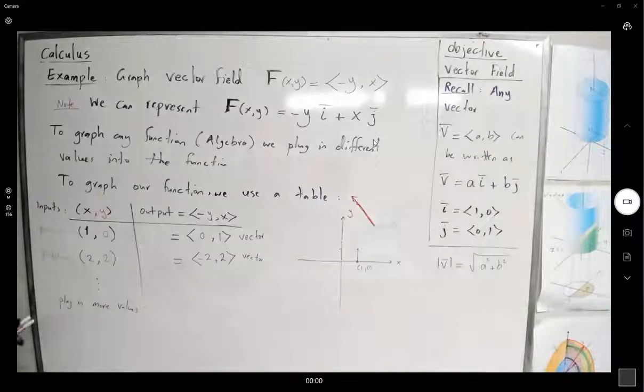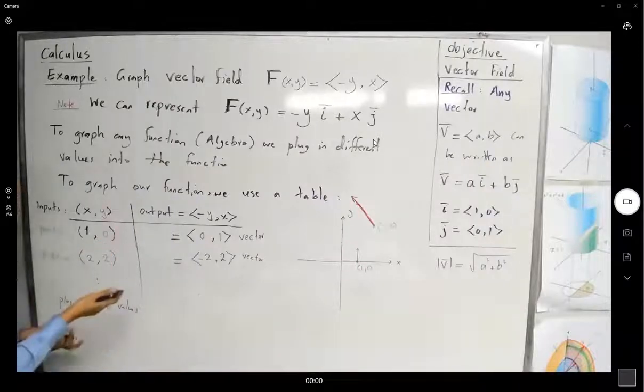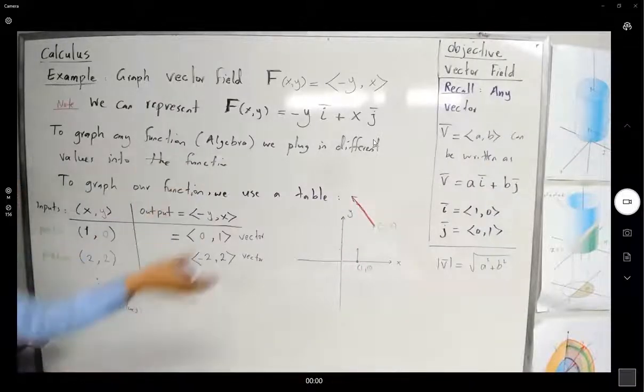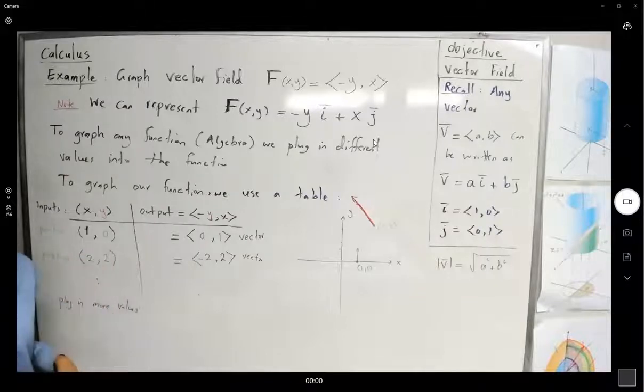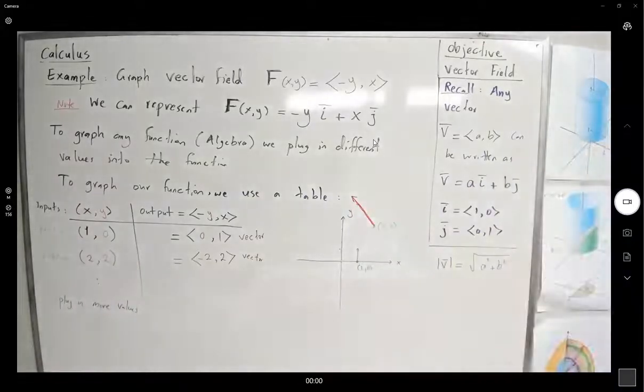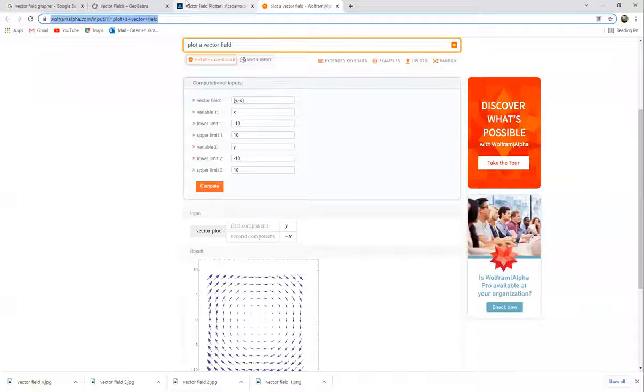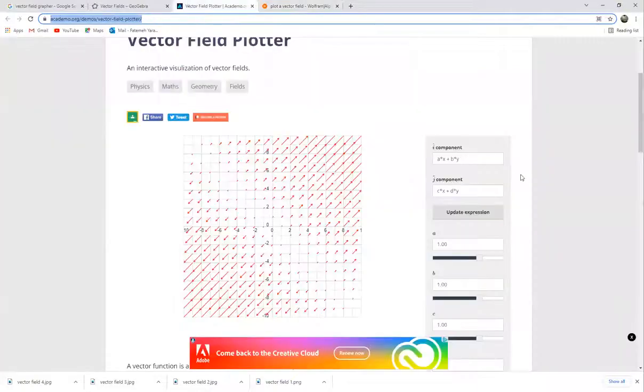Well, again, we are not really interested in using table, paper, and pencil to graph a vector field. We are interested in using technology to graph it. Let's take a look at 2 websites that help us to graph vector fields in 2D.